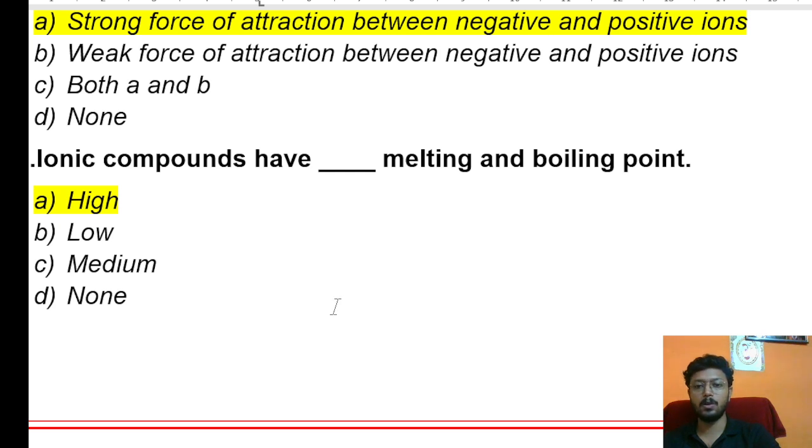It is known as the electrovalent bond, as already discussed, and you also call it the ionic bond. So in the ionic bond, two opposite charges interact with each other. That's why they have very high melting and boiling points. Understood?